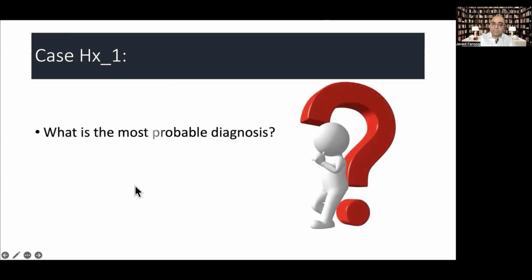So the question is, what is the most probable diagnosis? You write down the most probable diagnosis with you, and we shall see whether you are right or you have done some mistake. And the second question will be, how will you treat her?